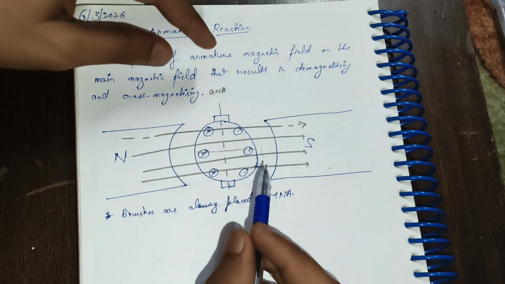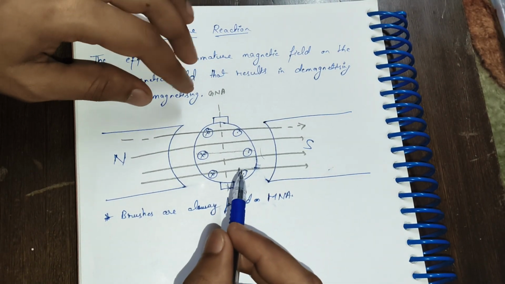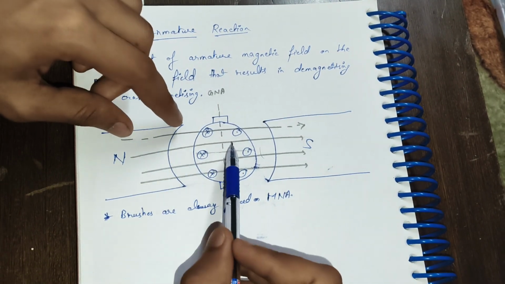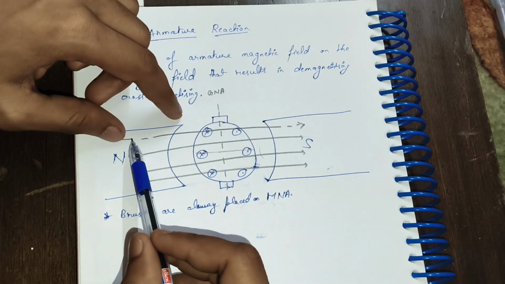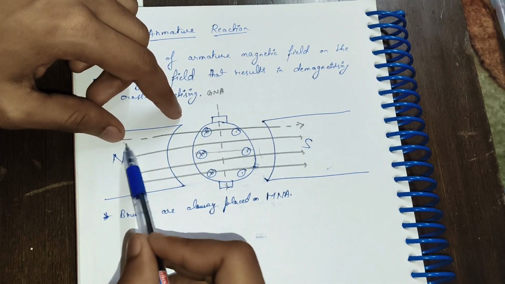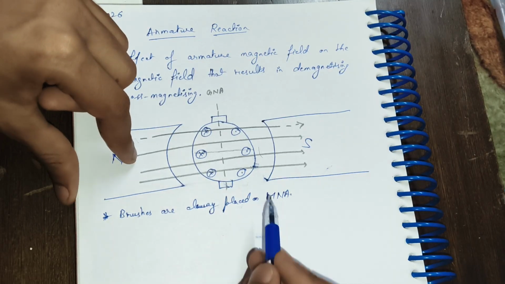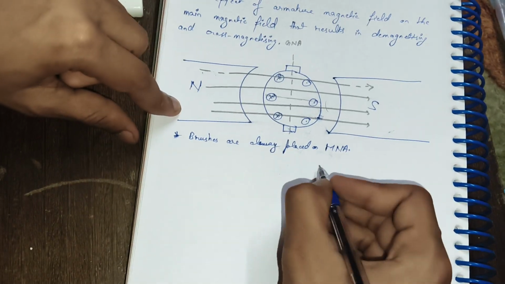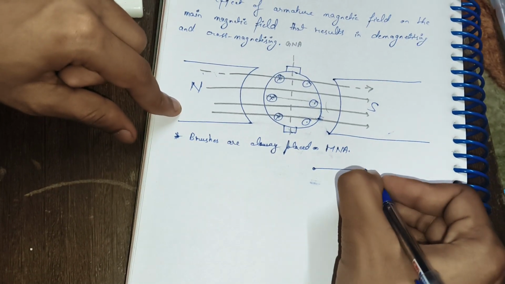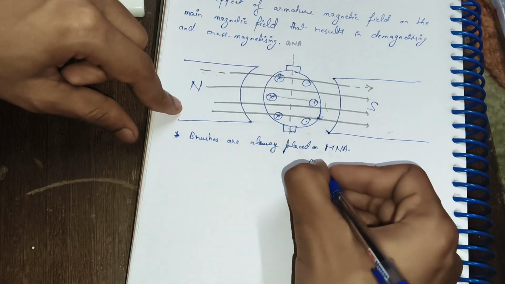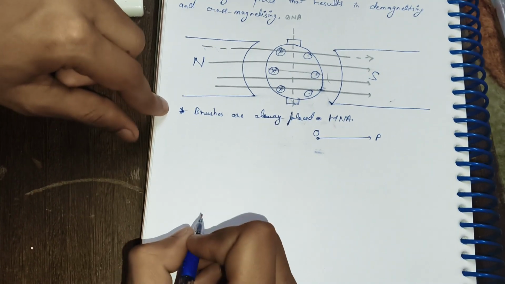So there is no supply to the machine, the rotor is stationary, and the direction of the main magnetic field is north to south pole, a straight line.